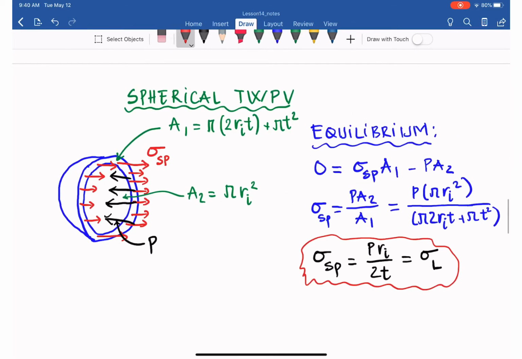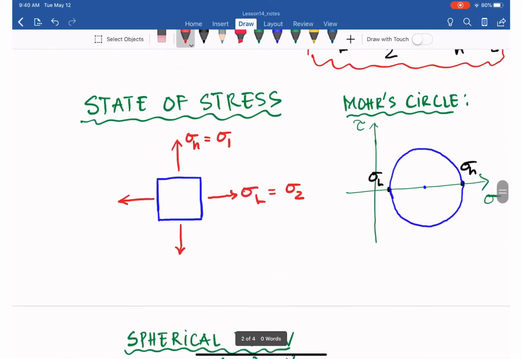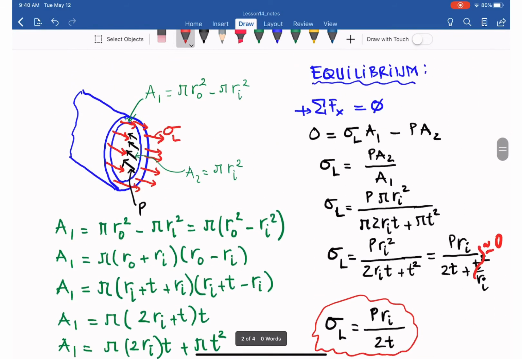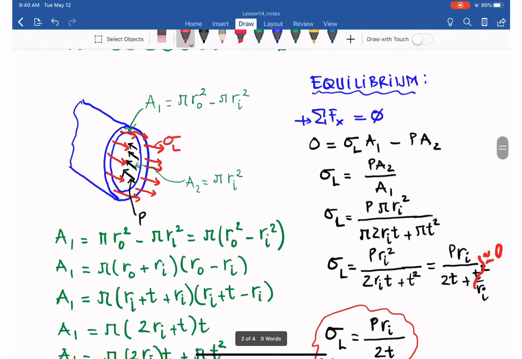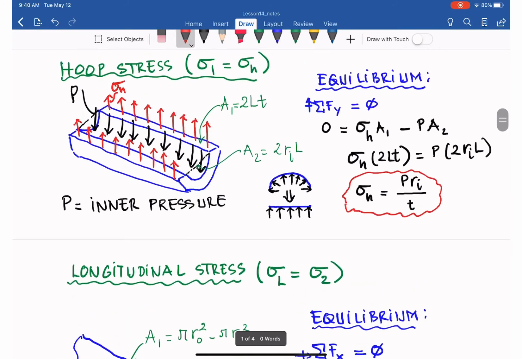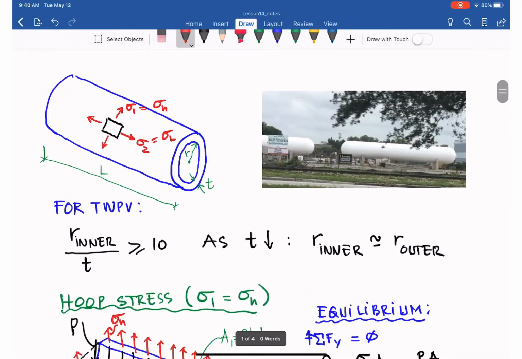So for that reason, talking about the thickness required for a sphere with the same inner pressure, the sphere will require less thickness, which means less material compared to the cylindrical shape. But the question becomes, why do people still design spherical shapes?